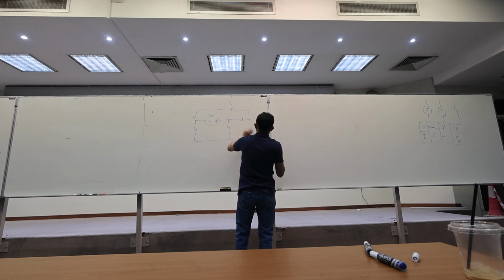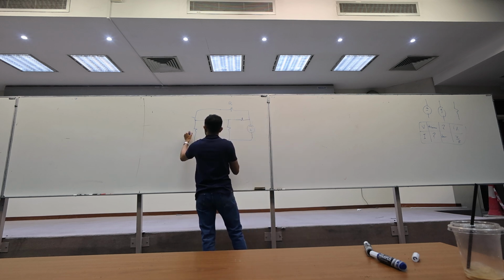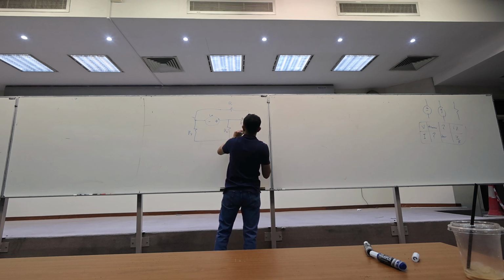And then here we have minus 15. And then we have a ground. So we call this R2, we call this R1, we call this R4, we call this R3.